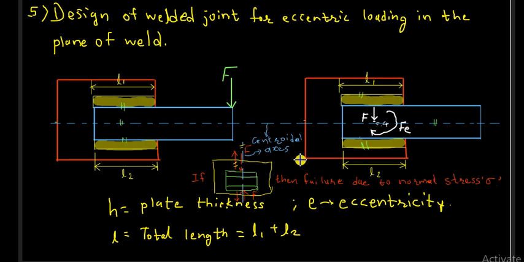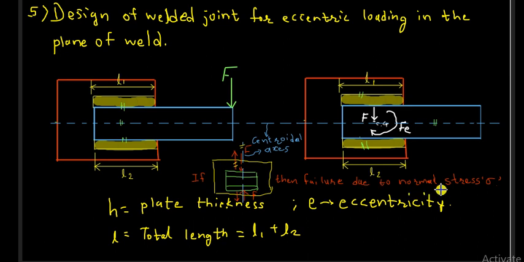In our previous case we have seen that if force is acting at the CG itself, here you can see a force, then the failure due to normal stress will be there.